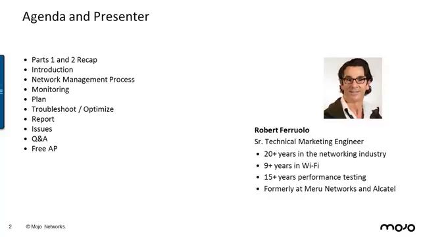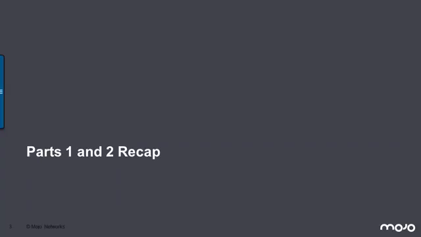And then we'll go through the management process, which we've broken down into monitoring, planning, troubleshooting, and reporting. And then we'll quickly go through 5 fairly common types of issues that you may encounter, and how to actually rectify or remedy those situations, followed by Q&A, and then we'll talk a little bit about the free AP.